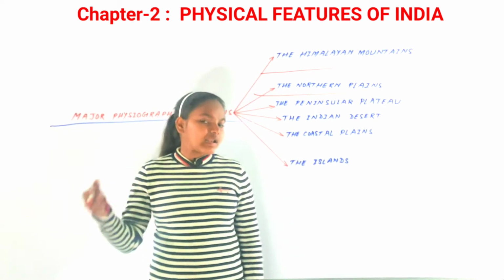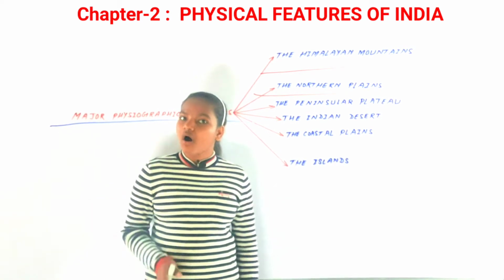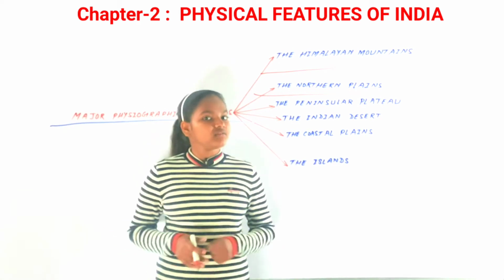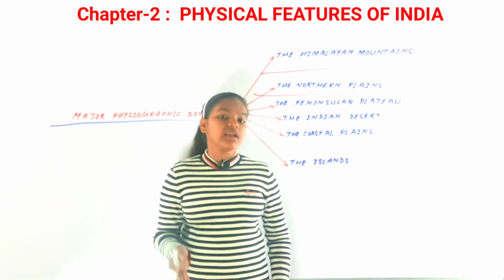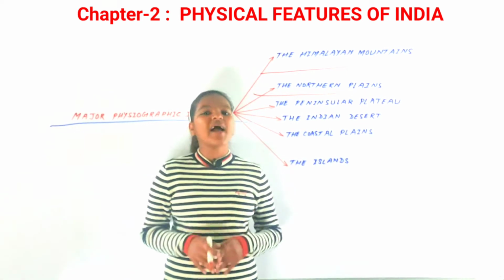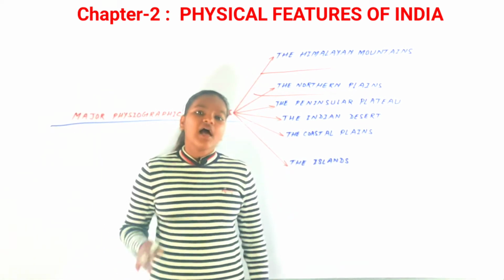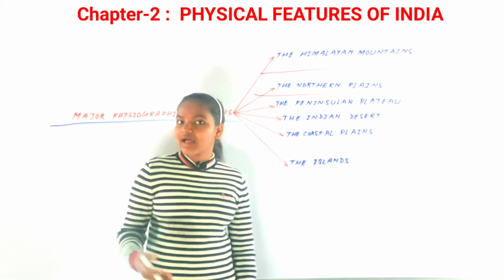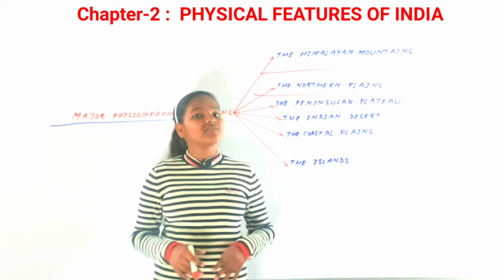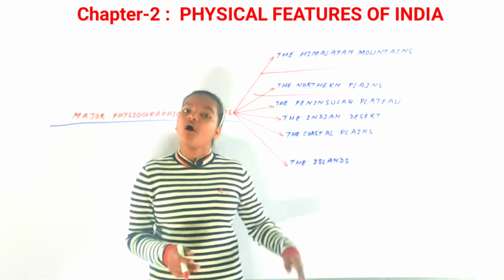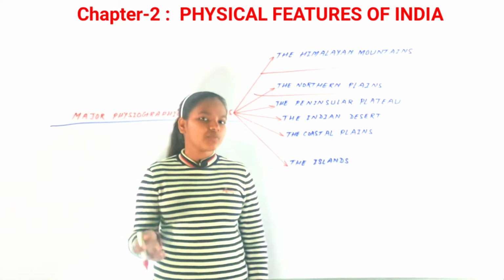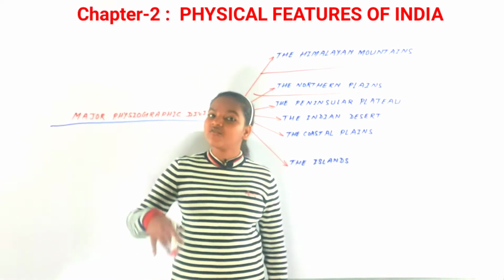So it splits into 2 parts. One thing here is that the Ganga Plain passes through many states, not just one state, as was the case with the Punjab Plains. The next one is the Brahmaputra Plain, which lies particularly in the region of Assam.